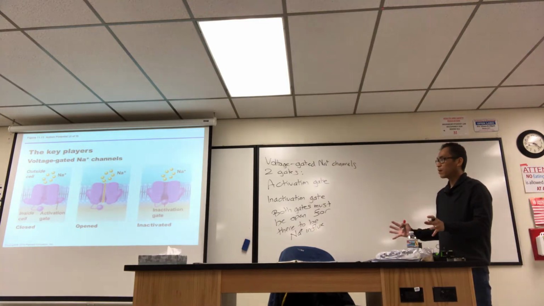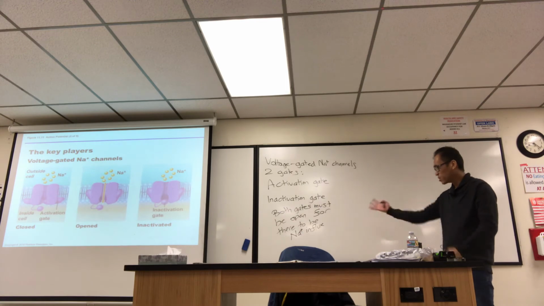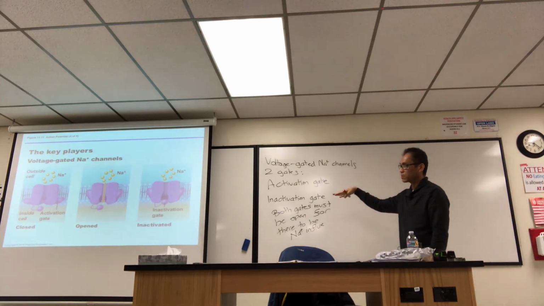If one of the gates is closed, the thing's closed. You'll never have a situation where both gates are closed at the same time. It's not necessary. Both gates open, you get sodium influx. Usually, if it's not open, one of the gates is closed.